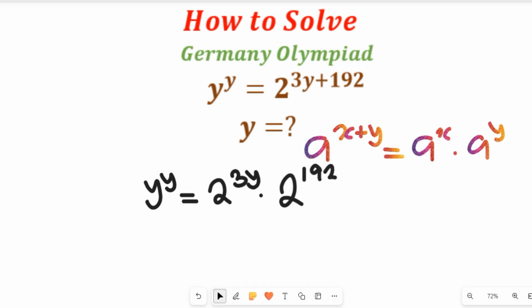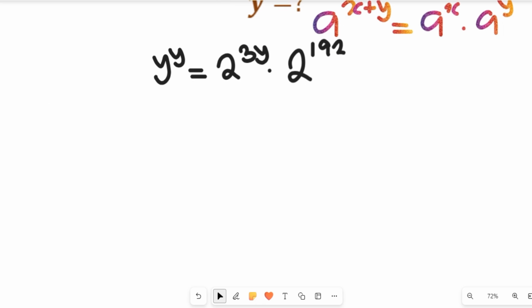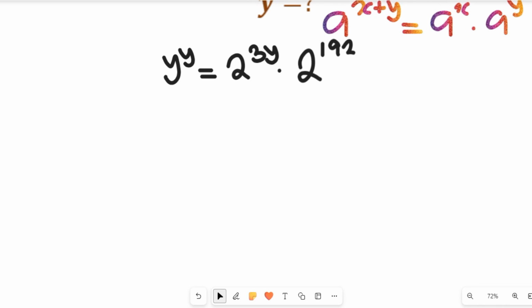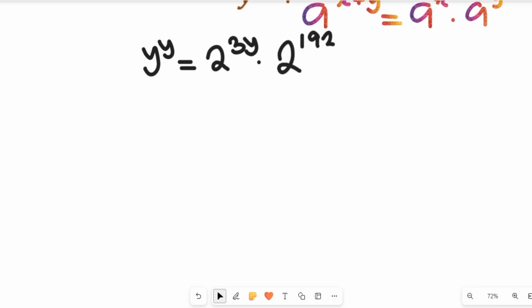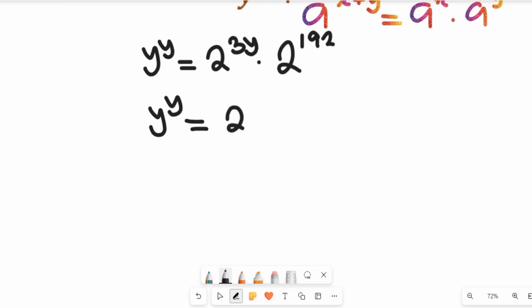Great. Now, having done that, we can simplify further. I want you to separate 3y from that expression. This will give us y to the power of y equal to 2 to the power of 3, all to the power of y, multiplied by 2 to the power of 192.